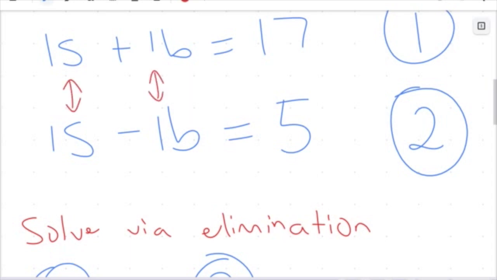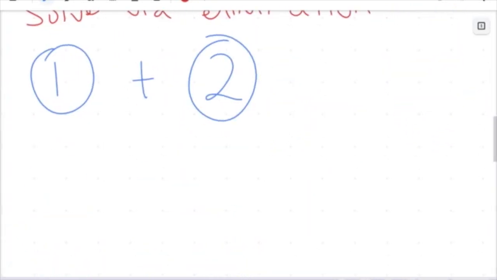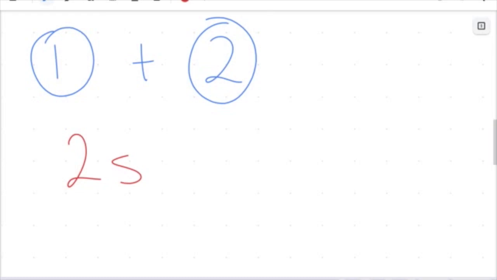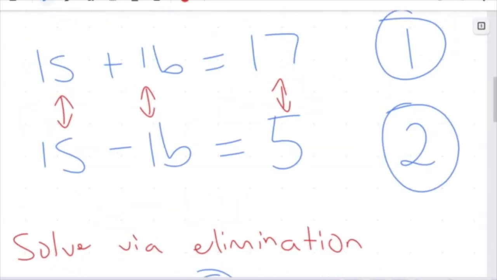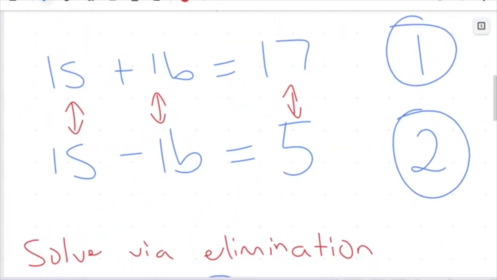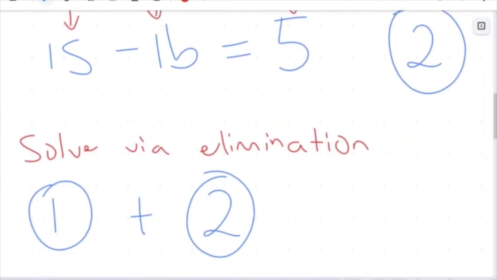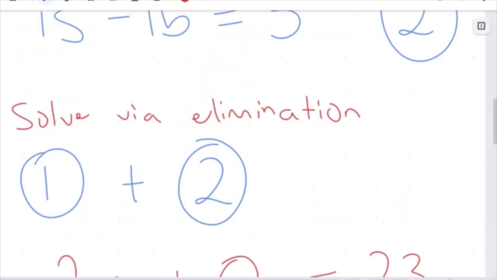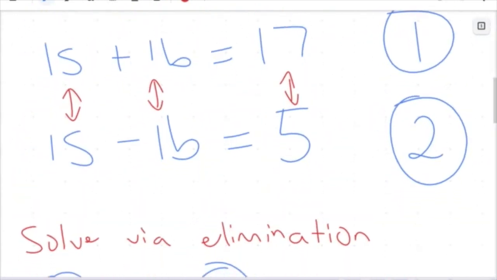So 1S plus 1S gives me 2S, and 1B plus minus B gives me 0. And on the right hand side, I have 17 plus 5, which gives me 23. Oh, no it doesn't. It gives me 22.